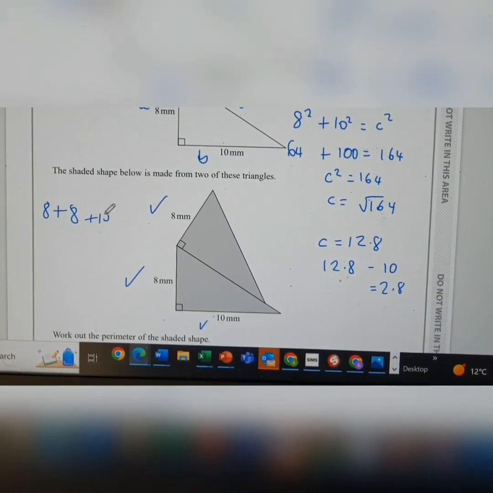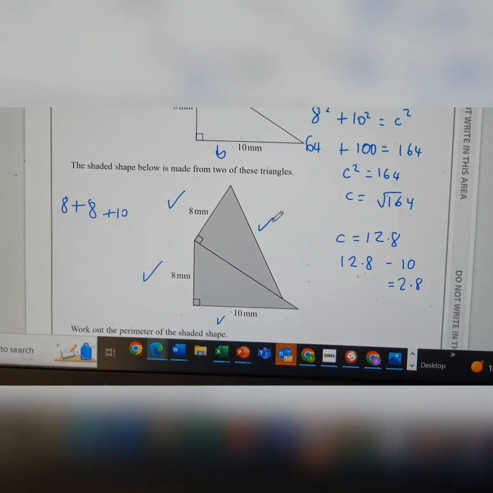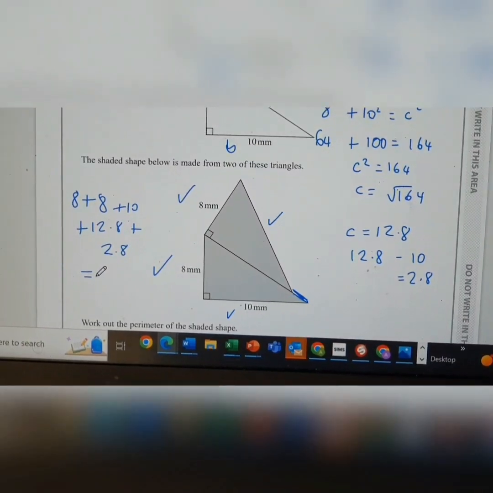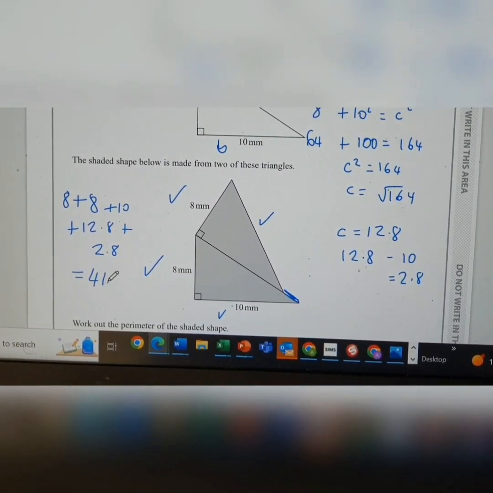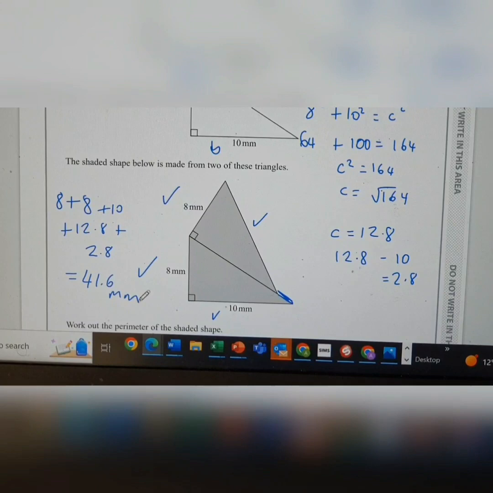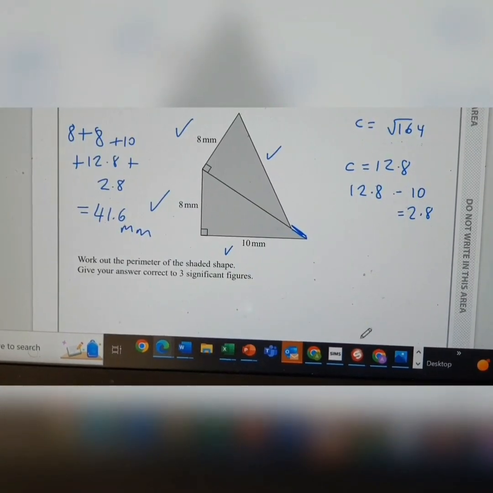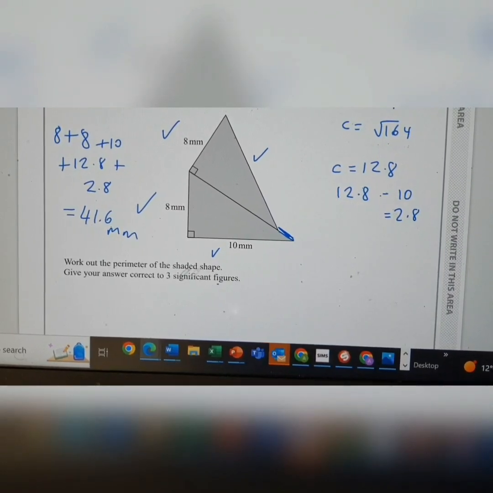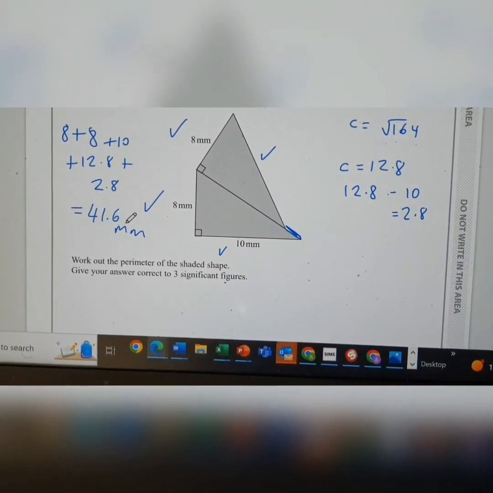I'm going to add the longest side, which is 12.8. So this bit here is what I then need to add on, which is 2.8. Which is 41.6 millimeters. So it wants you to give your answer to 3 significant figures, which is fine. This is 3 significant figures.